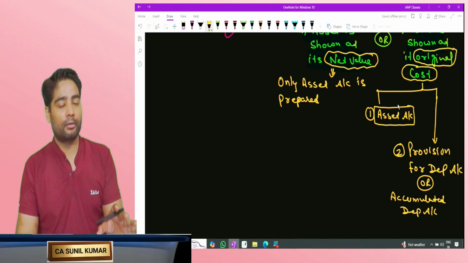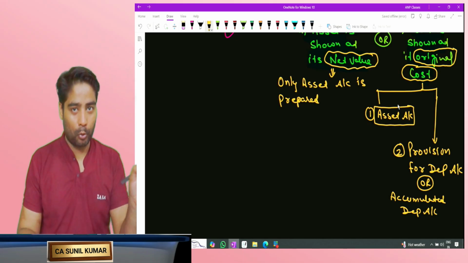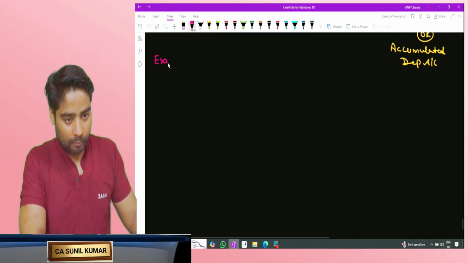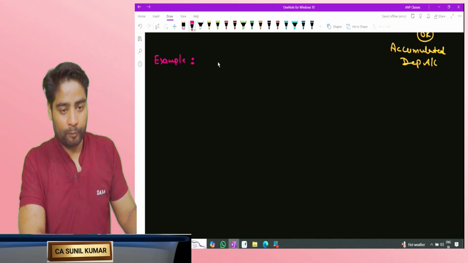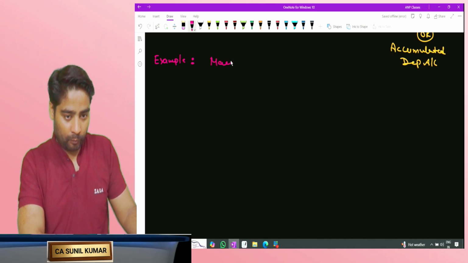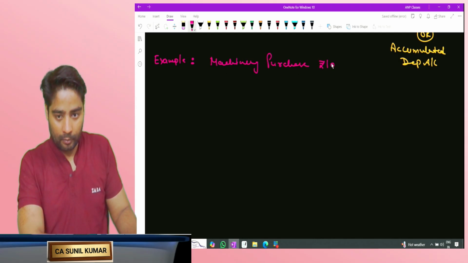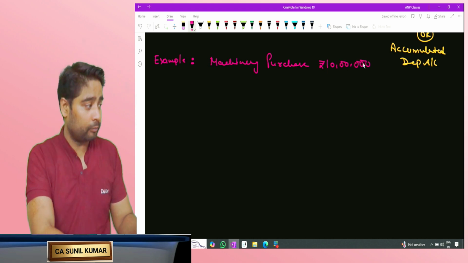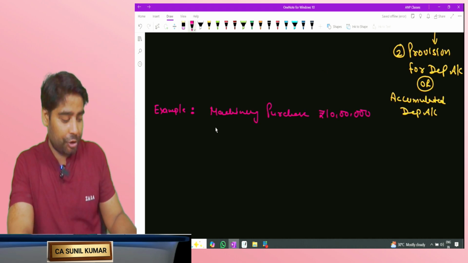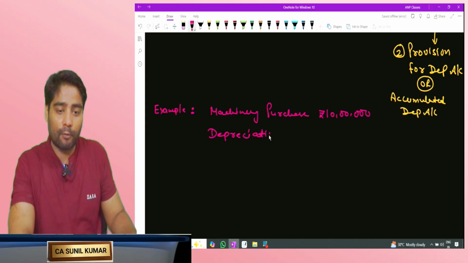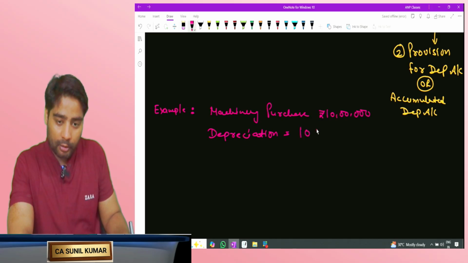Let us take an example and then we shall study both of the methods. Write down, example: machinery purchased for rupees 10 lakh, and the method of charging depreciation is 10% straight line method.